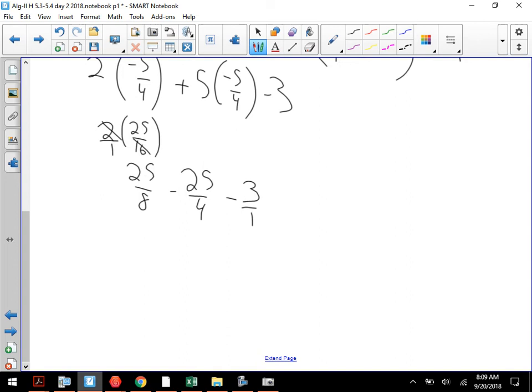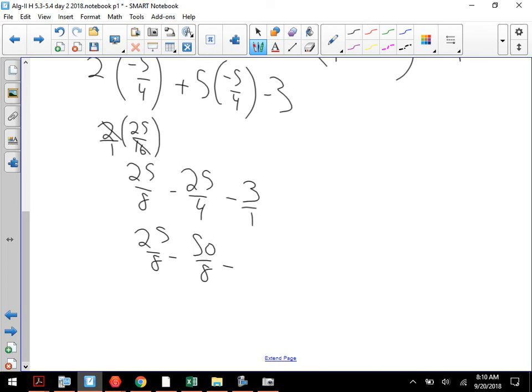So I want to create everything here to be in an 8. You okay with that? Yes. So that means I have to multiply the second fraction by 2 over 2. That's how you just multiply by a factor of 1. So you get 25 over 8 minus 50 over 8. And now I multiply that one by 8 over 8.